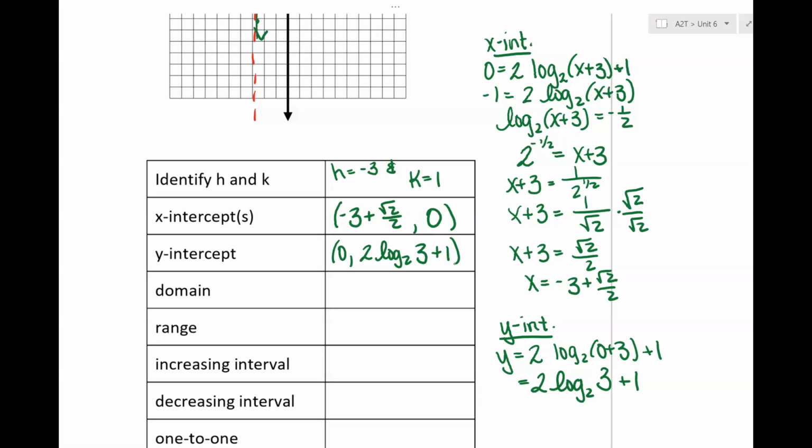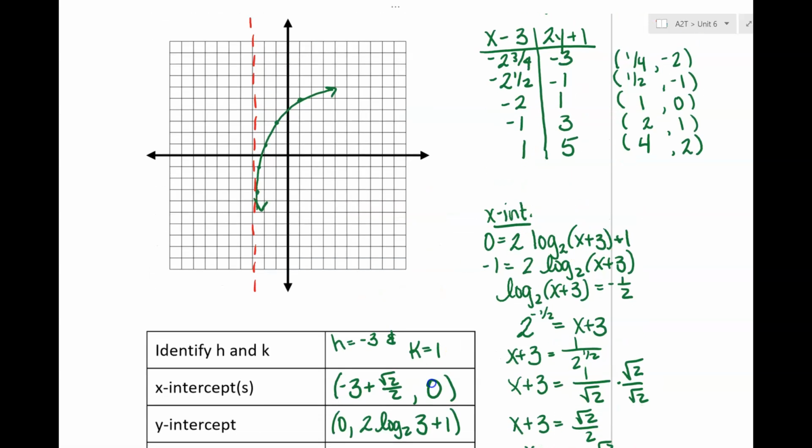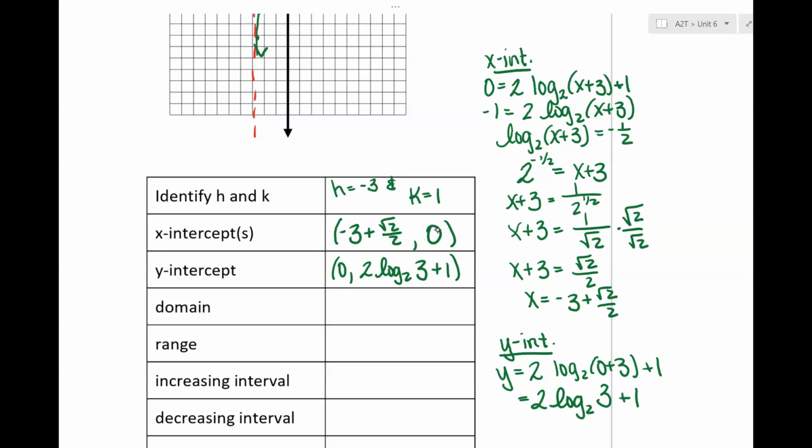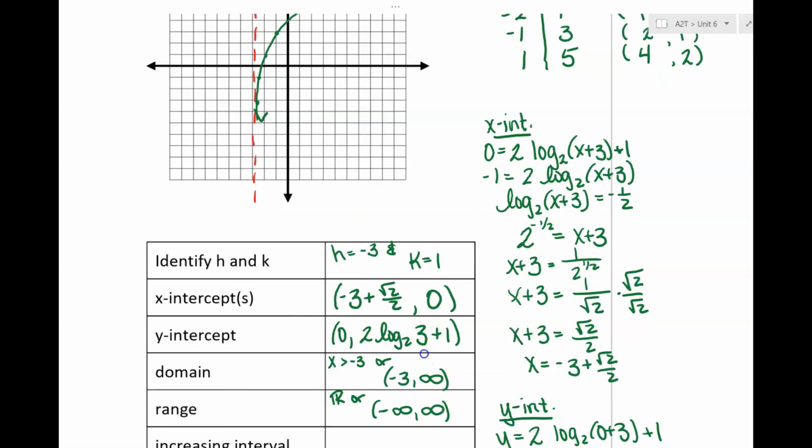Beautiful. Okay, domain is restricted by the vertical asymptote. So x is greater than, in this case, -3. Or we can say -3 non-inclusive to infinity. The range is all real numbers, the opposite of its inverse, right? This one is also increasing.